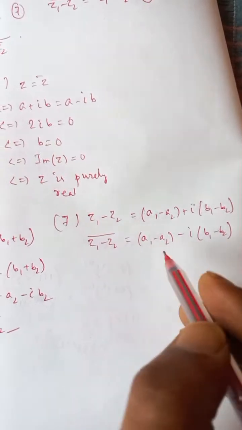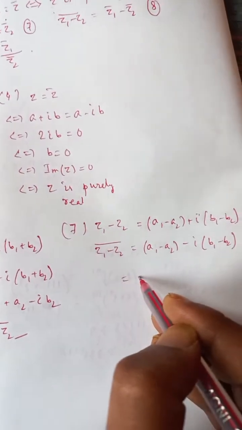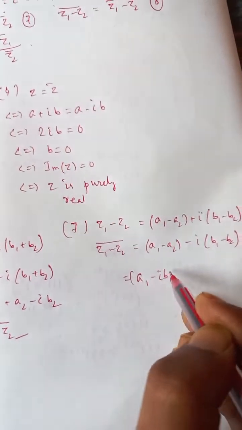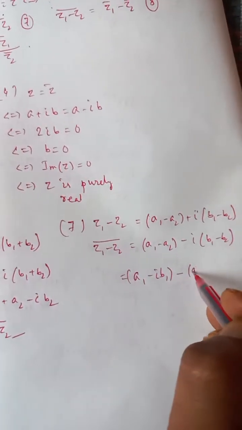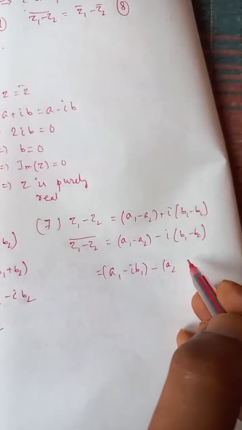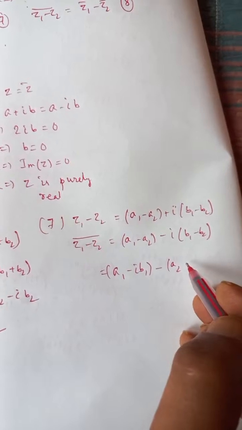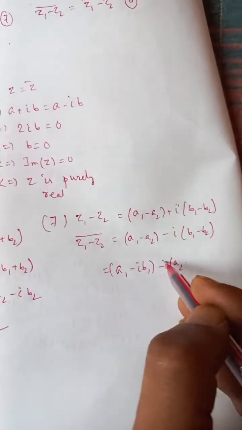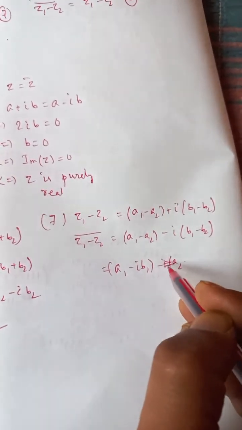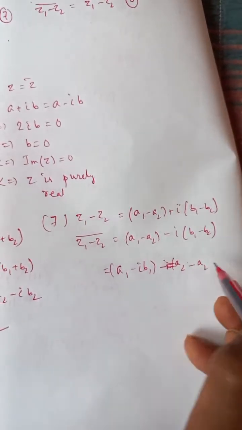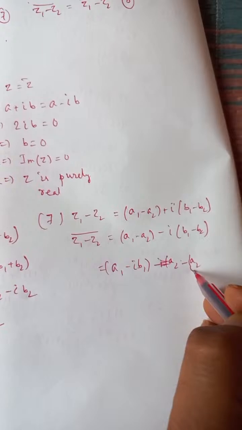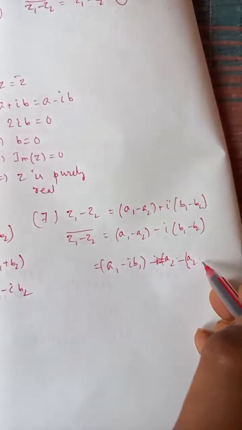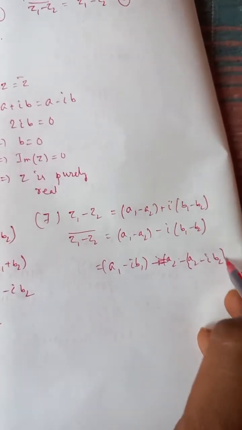Now if we rearrange, this will be a1 minus iota b1 minus a2 plus iota b2, that is, minus a2 and then minus of minus iota b2.